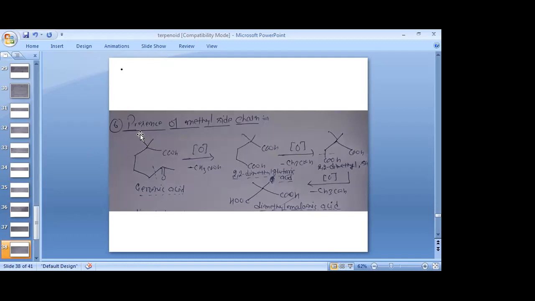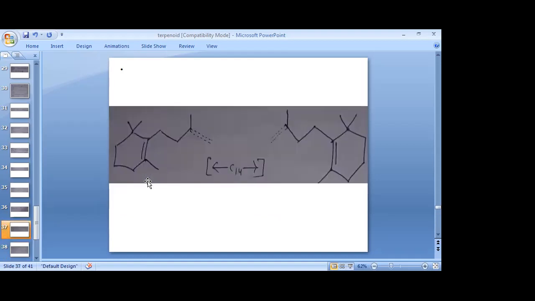You can see another important point, the presence of methyl side groups. How do we confirm the presence of methyl side groups?